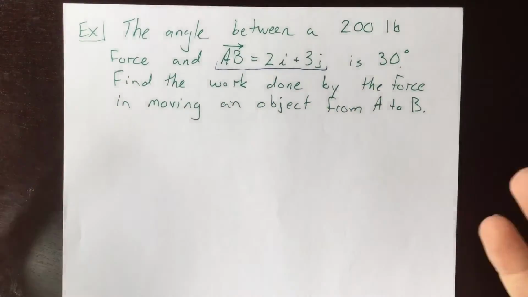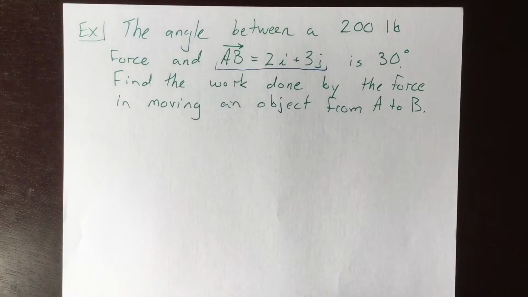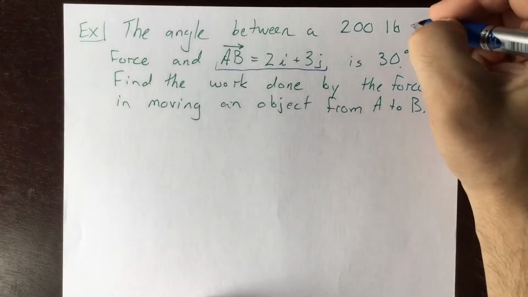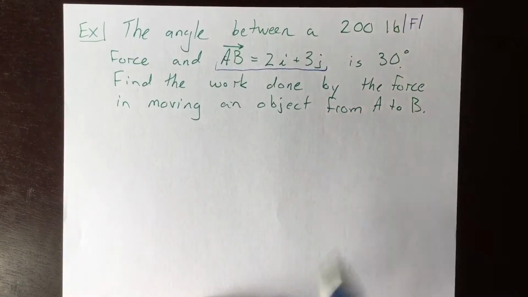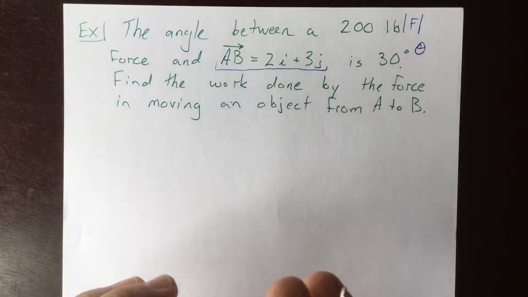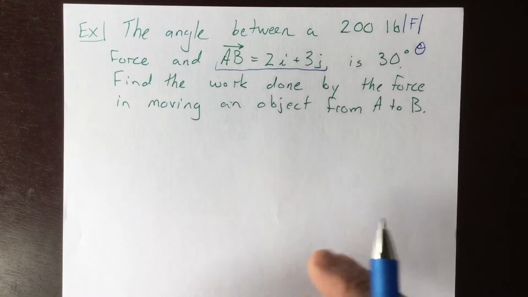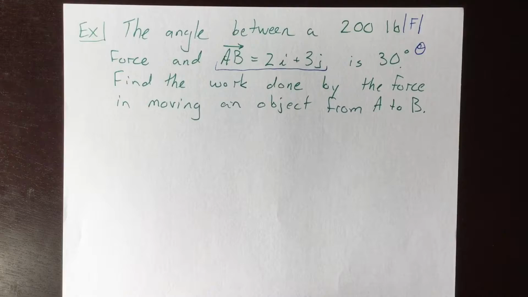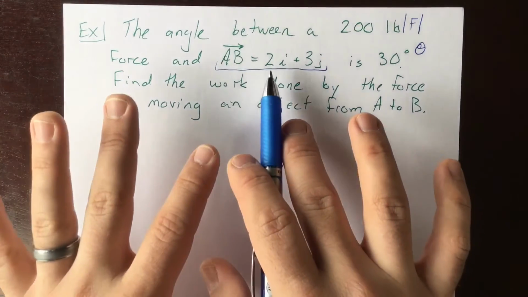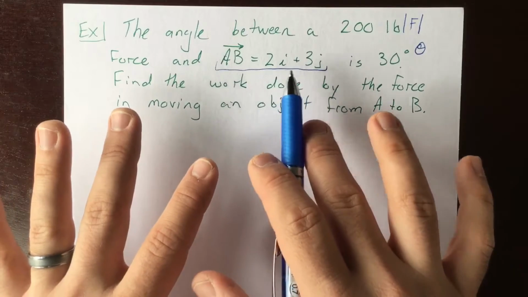Now we have a problem like this. So we have a 200-pound force. So right here is our magnitude of the force. We have a direction. We have theta. So what do we not have? Well, if you think about it, we do not know how much it's been moved. So we have this vector.